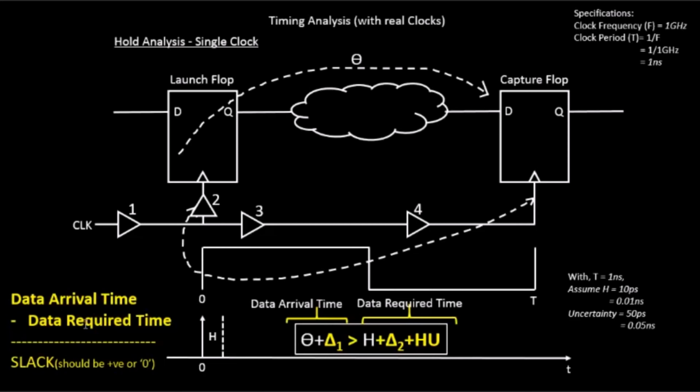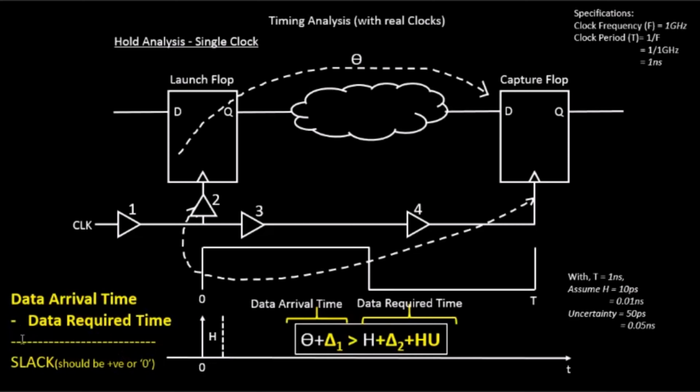In setup timing, it was data required time minus data arrival time, because the scenarios were completely different. It's a different kind of analysis as well. In hold timing, the data arrival time should be greater than data required time, and as a result, the data arrival time minus the data required time is called slack, and it should be positive.